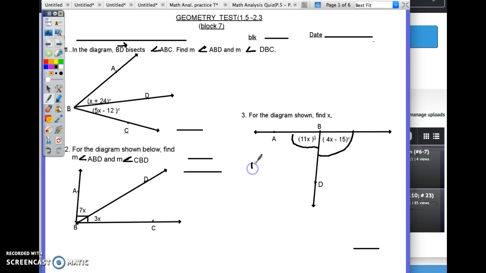So you'd write for the setup 11x plus 4x minus 15 equals 180. Okay, and this is a very, very classic setup with algebra. You do the like terms first. So you do the x's together, 11x plus 4x, that would be 15x minus 15 equals 180.